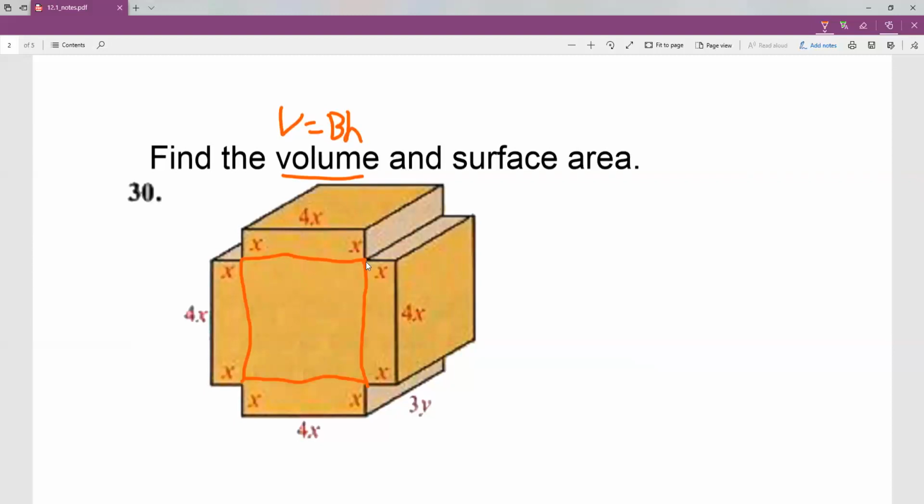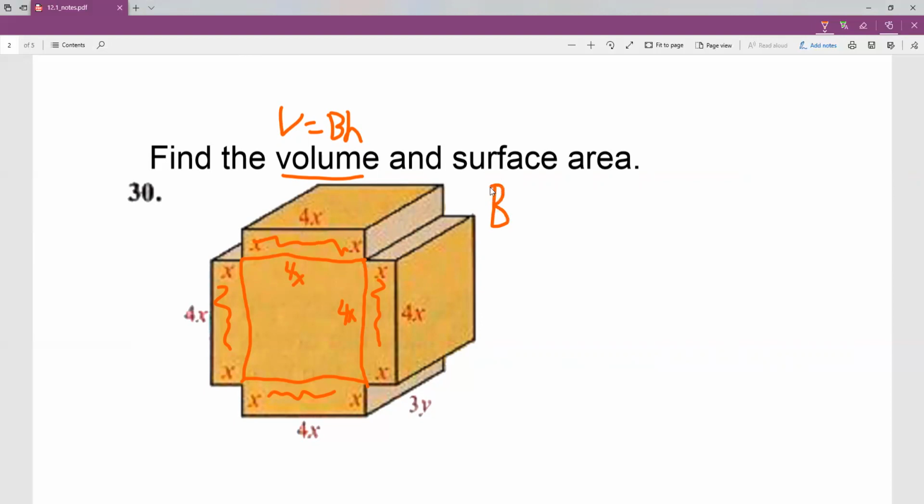So here, this square inside has a side length of 4x. So the base is going to be 4x times 4x, plus we have 4 of these extra segments right here, so plus 4 times x times 4x.